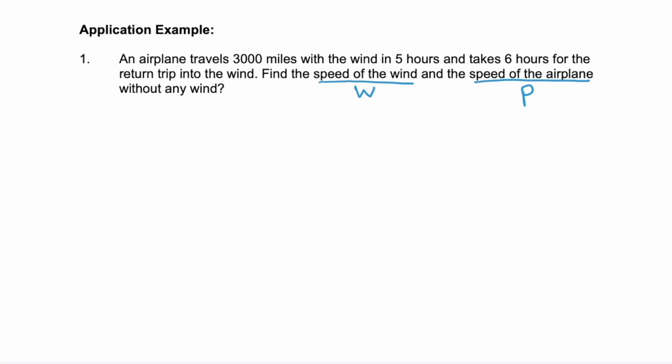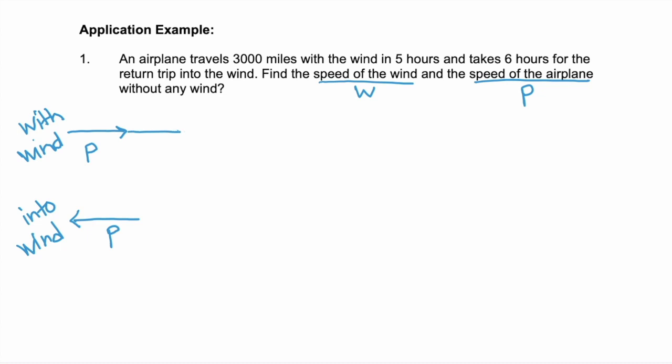So just like the boat, we have the plane which is going in two different directions, right? First it's traveling with the wind, and then it's traveling into the wind. So if it's traveling with the wind, the plane and the wind are headed in the same direction.